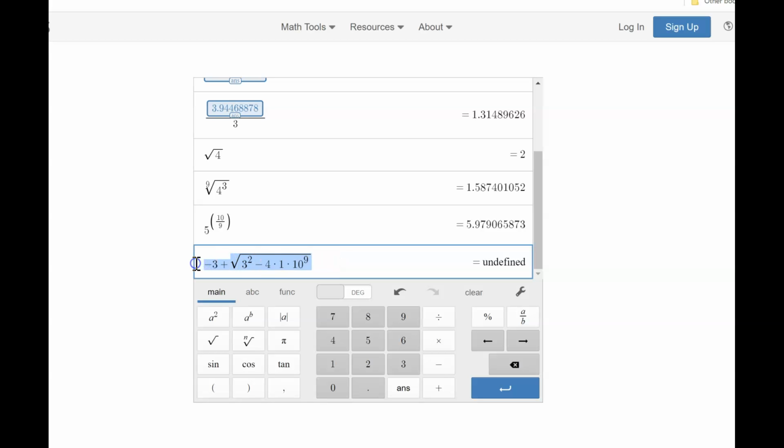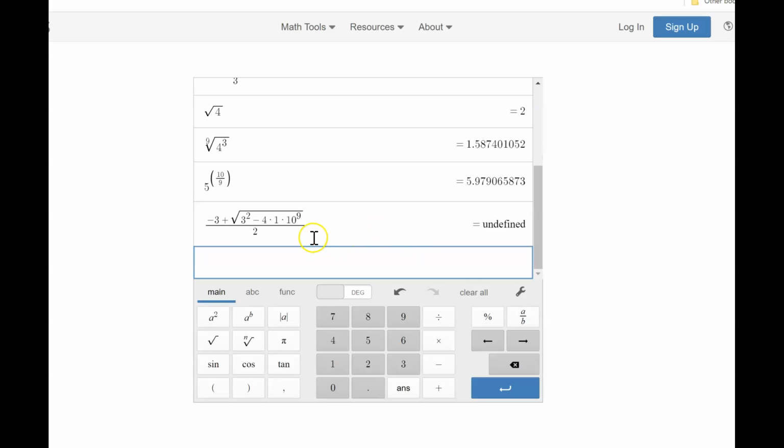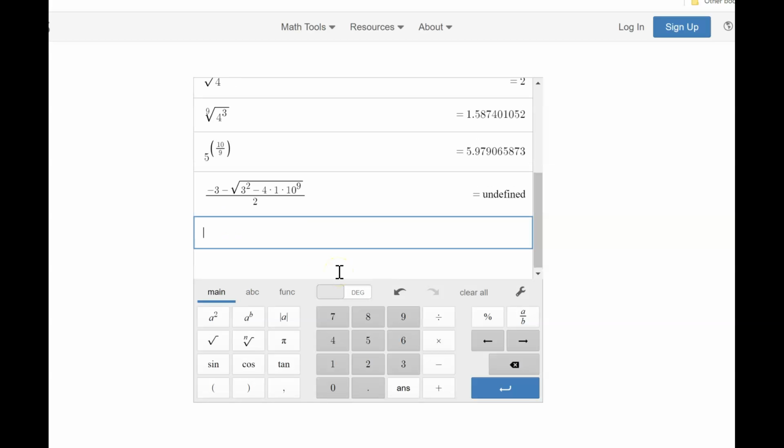Now, I want all of that divided by 2a. And so you can see that one doesn't look like it's going to work out. It's just undefined. But if I take this same one and now I hit subtract on it, hit enter. I apologize for that. That gives me undefined.